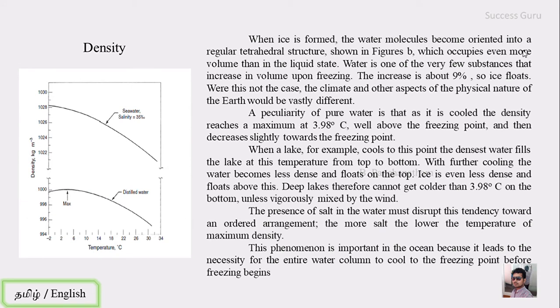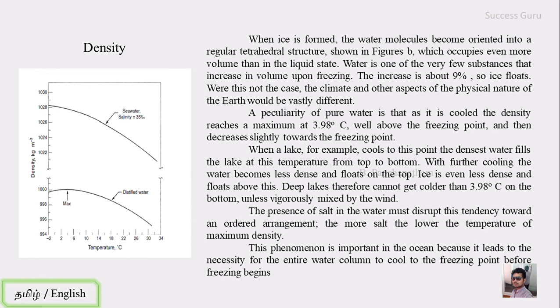So this is a curve which shows the density of water with different temperature, and you can see the saline water's density is moving somewhere like this. Its density increases when the temperature decreases. So you can expect in seawater, when you move down, the density increases from top to bottom.